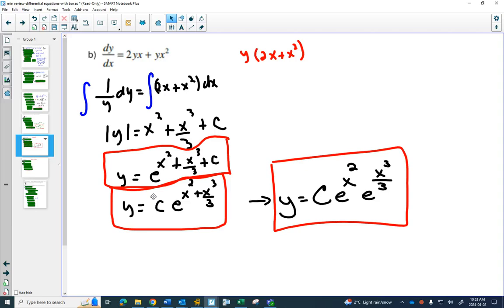But you have to be able to manipulate between them because the multiple choice doesn't look like it. That's the thing about multiple choice: I know I have the right answer, but it doesn't match any of the answers they have. So then we have to go to our algebra and manipulate things around.